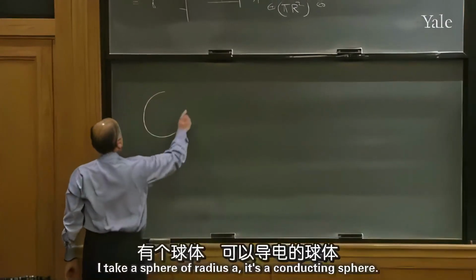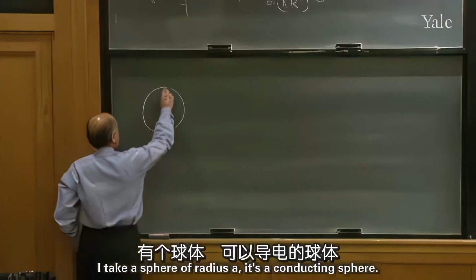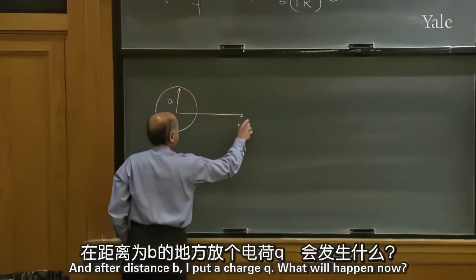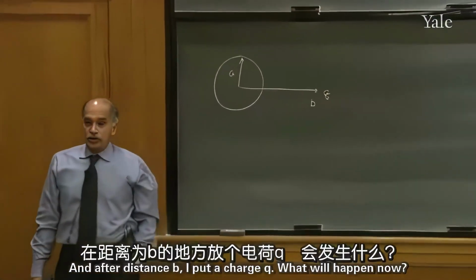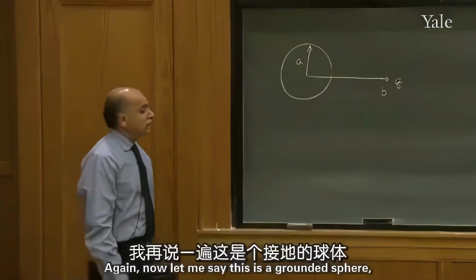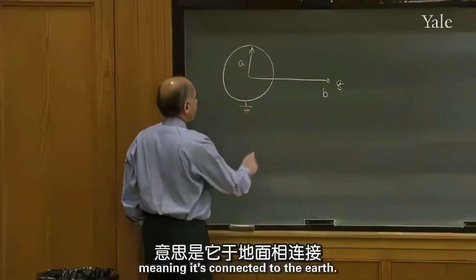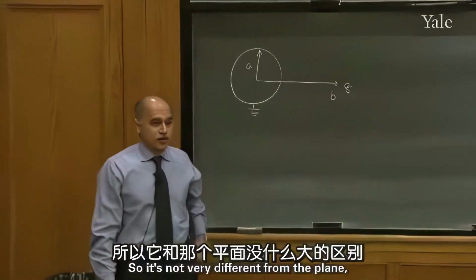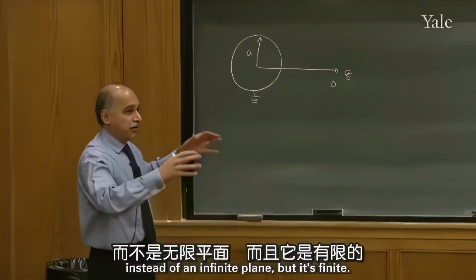I take a sphere of radius a, it's a conducting sphere, and at a distance b, I put a charge q. What will happen now? Again, let me say this is a grounded sphere, meaning it's connected to the Earth, it's maintained at 0 potential. So it's not very different from the plane, except you've got a sphere now instead of an infinite plane, but it's finite.